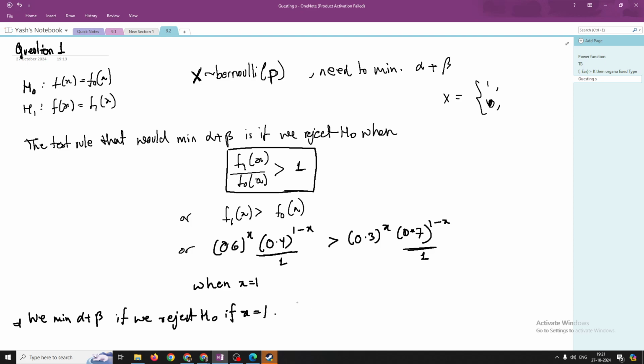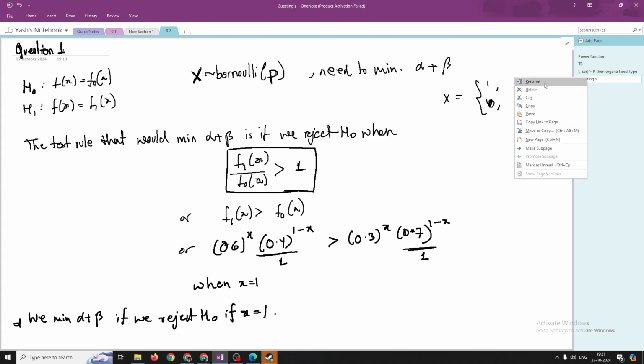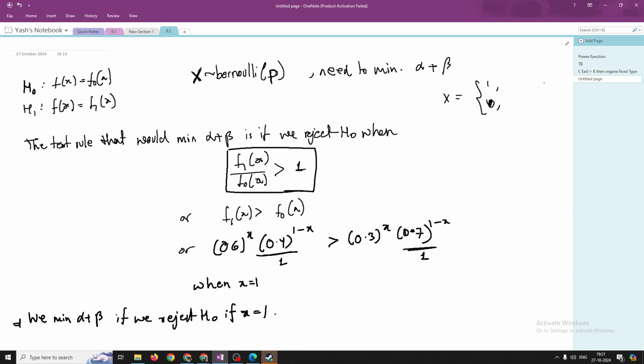So I draw a sample. If that sample turns out to be a 1, I reject my h0. If that sample turns out to be 0, I don't reject my h0. Was this clear? Yes. Okay.